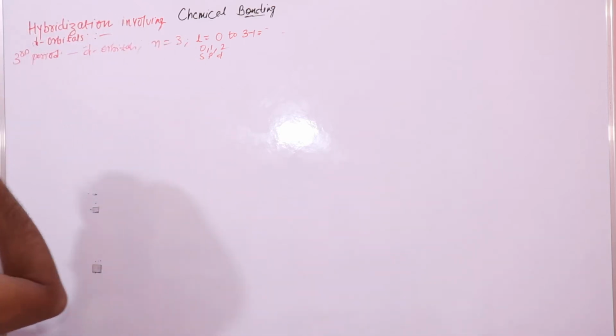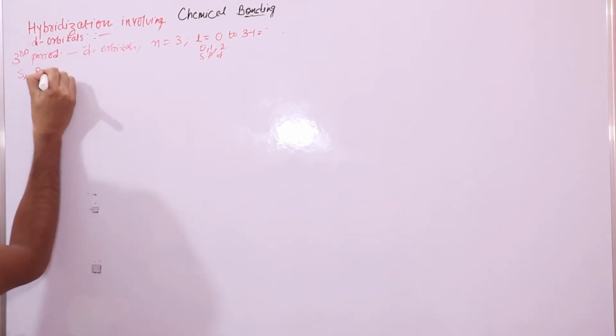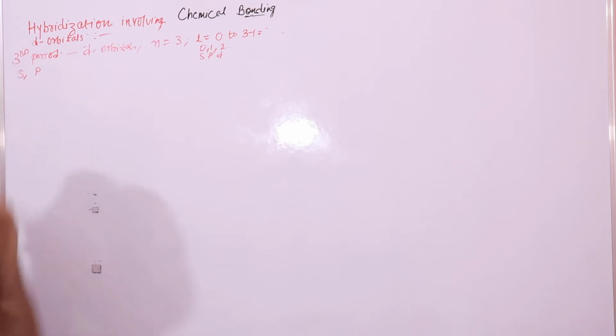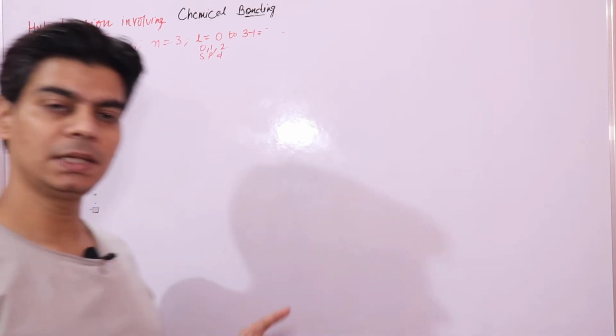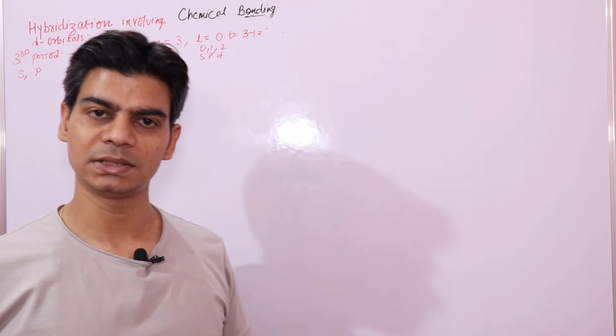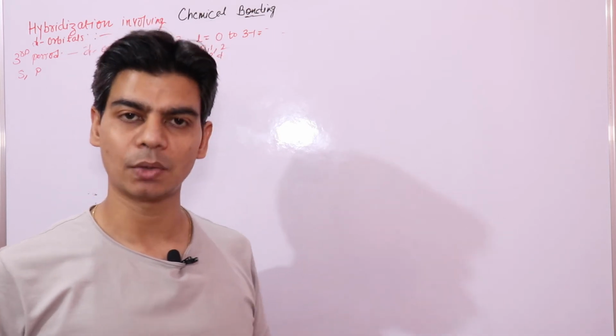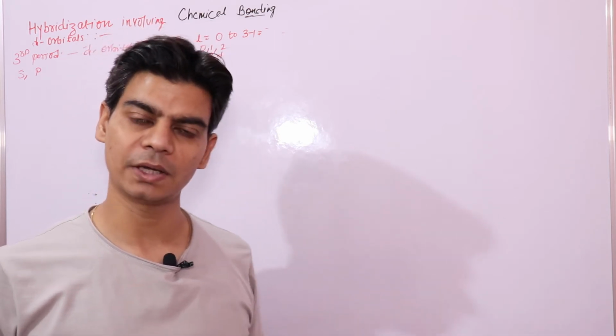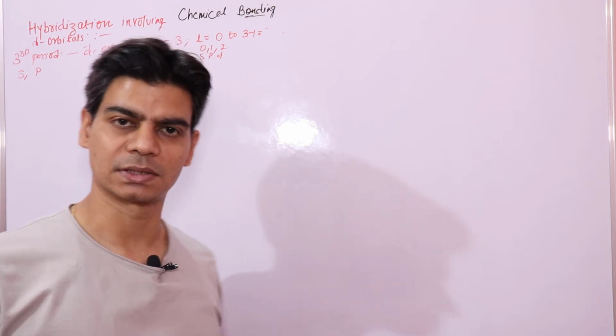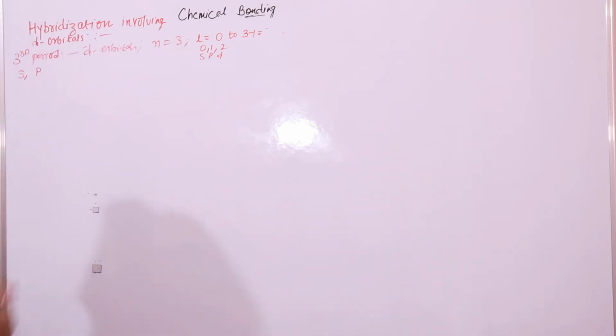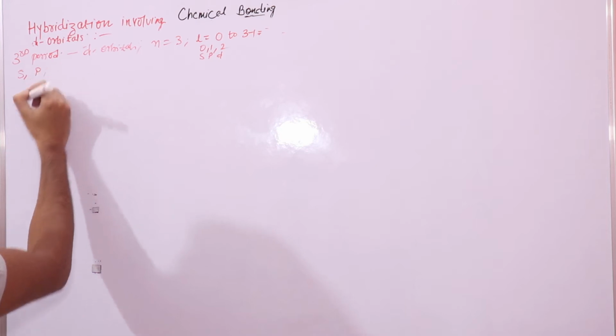Elements like sulfur and phosphorus will have sp3d hybridization in certain compounds like PCl5, PF5 and SF6. So let's quickly look at the hybridization.